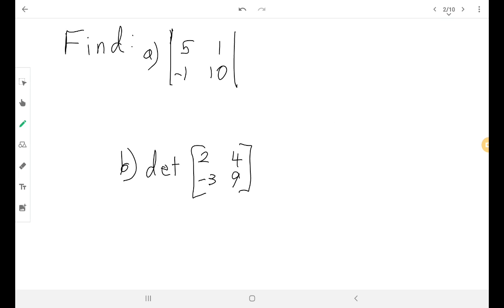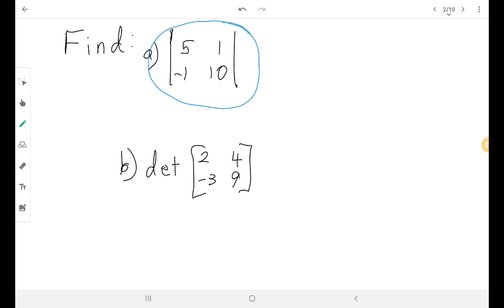I want to first get started with just a notation thing. There are two ways to denote that we are taking the determinant of a matrix. And you'll see this in the video also.